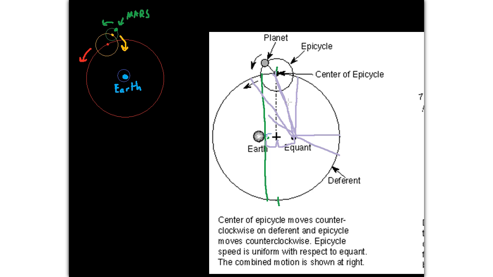Now, one of the things that we should realize is that if these are the same angles, this angle right here, the same as this angle right here, what he's suggesting is that the planet travels through this angle, compared to the equant, in the same amount of time that it travels through this angle, compared to the equant. The result being that here, it's moving relatively slowly. This angle doesn't have much time to spread out, right? So we only travel this fairly small distance.